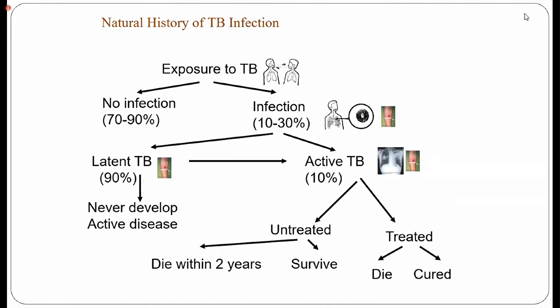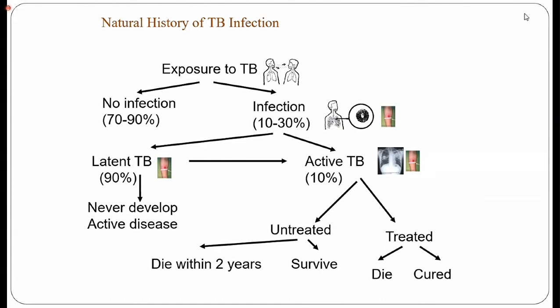Important to know as basic information for TB, I'm not talking about clinical now. I took out all the slides related to the clinical, but I need you to know that if someone is exposed to TB, they may not get infected, and some percentage get an infection. However, of these infections, about 10% can get active TB.